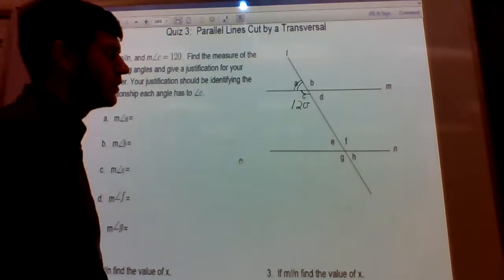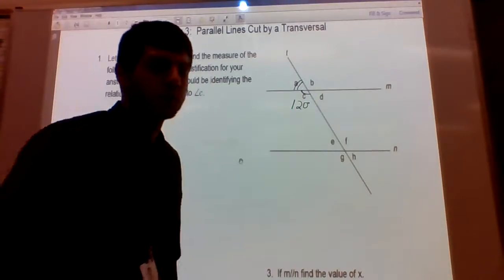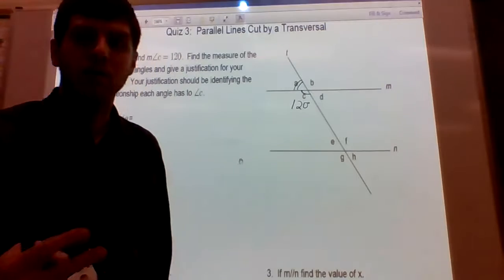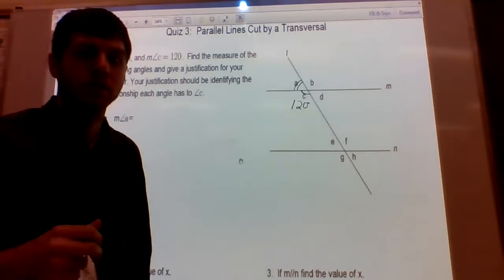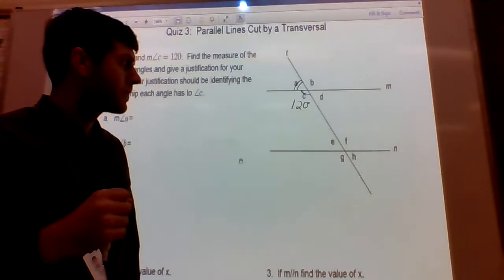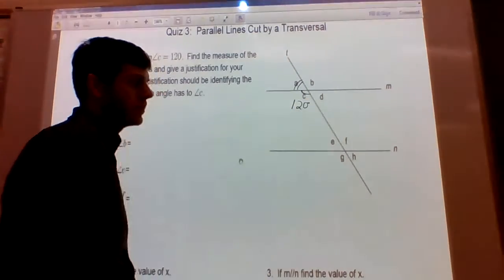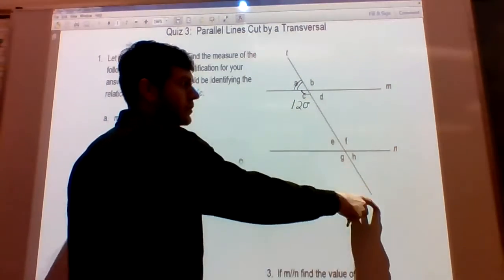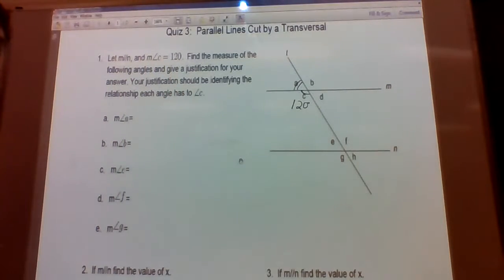Remember, if the angles have the same vertex, and in this case they have the same vertex, our options are linear pairs or vertical angles. It's not going to be anything other than those two. If they're at different intersection points, so the vertices are on a transversal that goes through two different lines, they don't necessarily have to even be parallel lines.